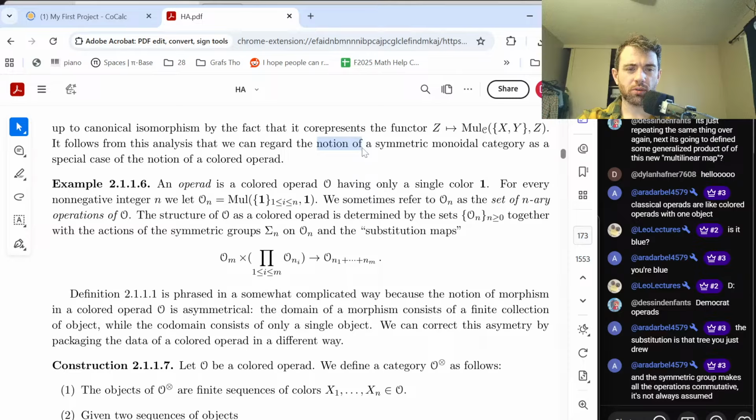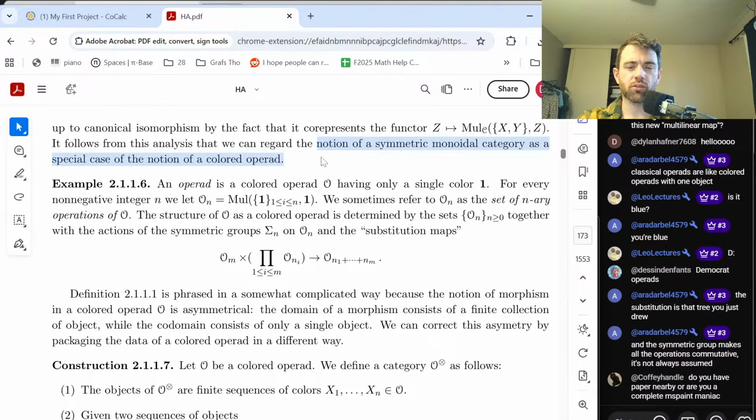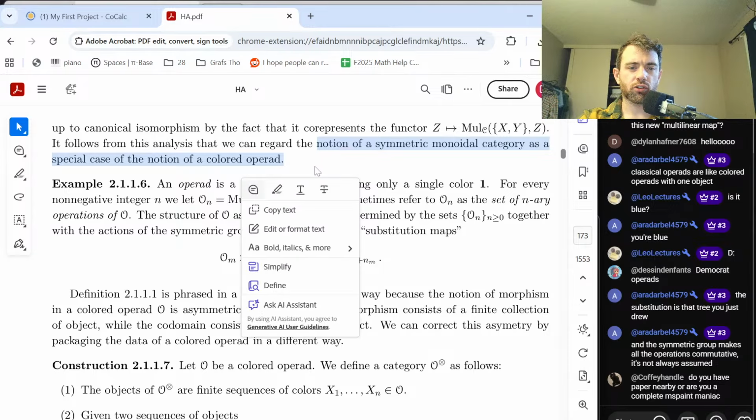Do we always want this to be symmetric? It follows from this analysis that we can regard the notion of a symmetric monoidal category as a special case.